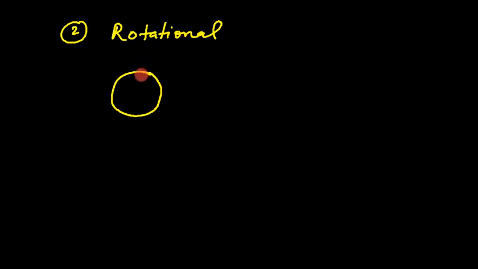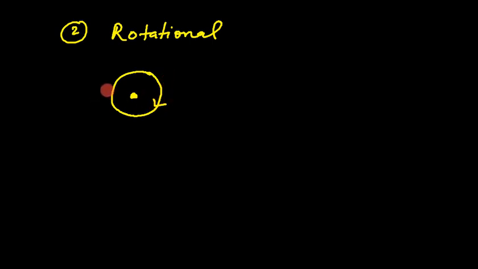The second type of motion is rotational motion. A body is said to have rotational motion or rotatory motion if each particle of the body, except on the axis of rotation, travels in a circle.